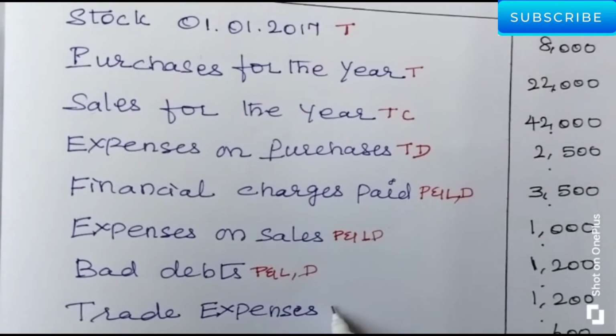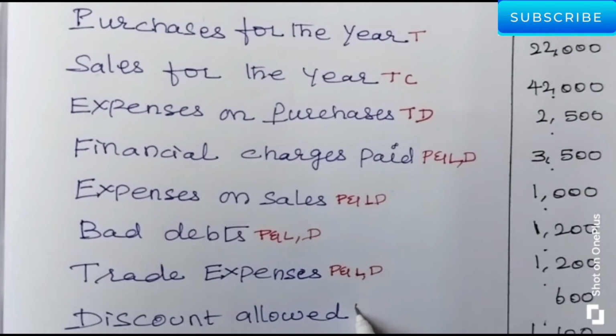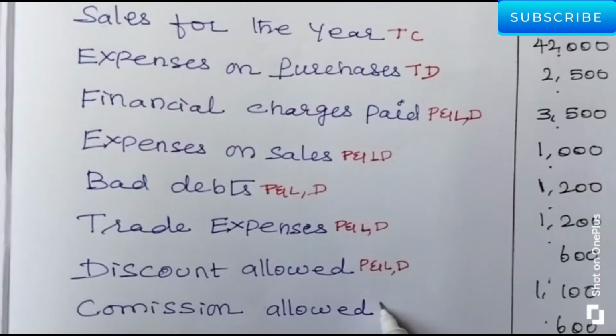Then trade expenses, it also comes on profit and loss account debit side. Discount allowed, profit and loss account debit side. Commission allowed also comes under profit and loss. Commission allowed, discount allowed, depreciation account, bad debts, these and all details come under profit and loss account debit side.